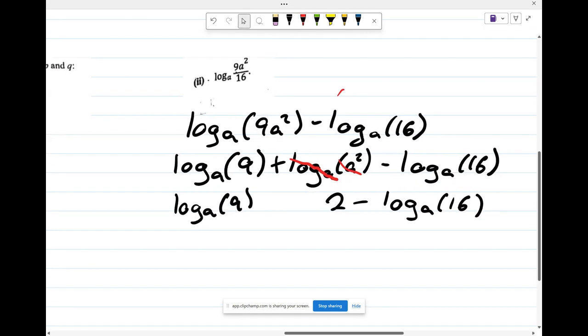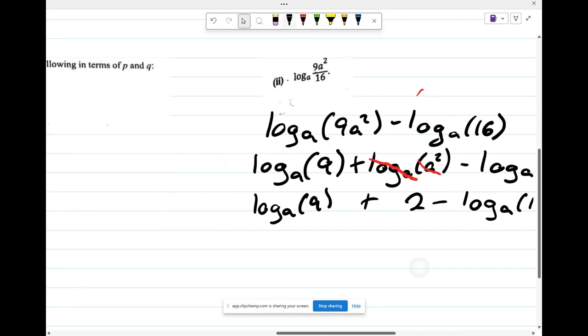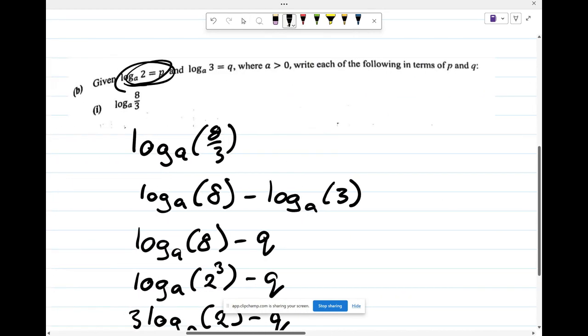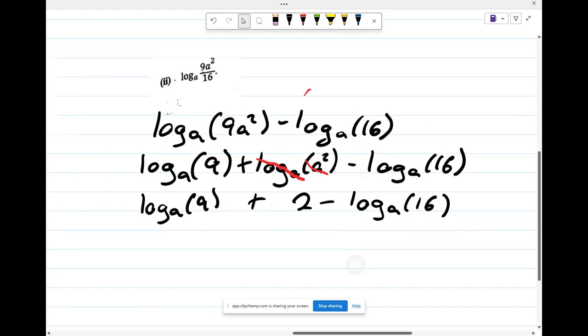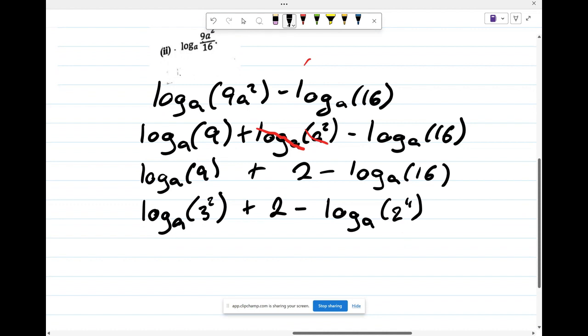And I'm just rewriting everything. And now, how are we going to turn these into p and q? Well, we know what log to the base a of 2 is and log to the base a of 3 is. So we need to somehow turn 9 and 16 into something to do with 2 and 3. Well, that's kind of easy. 9 is 3 squared, and 16 is 2 to the power of 4. Then we can use our rule that you bring the power down.